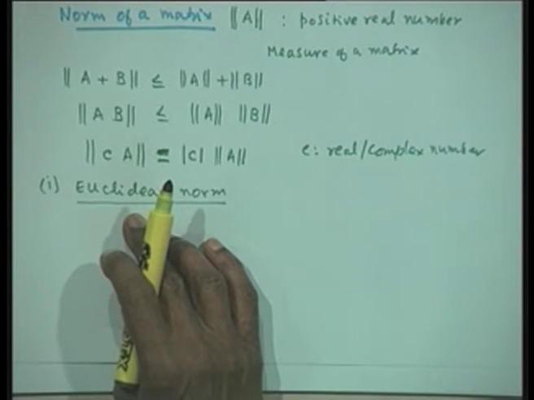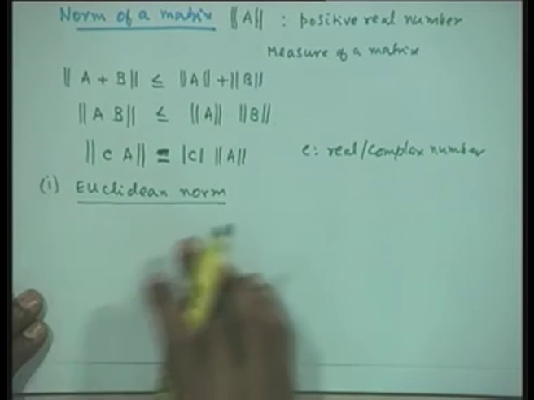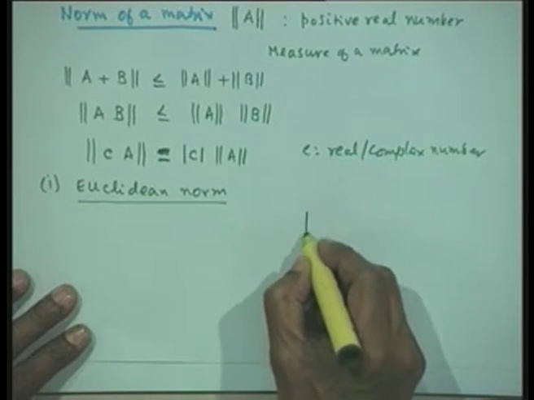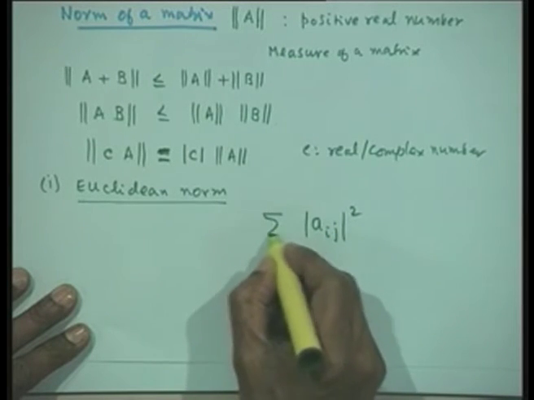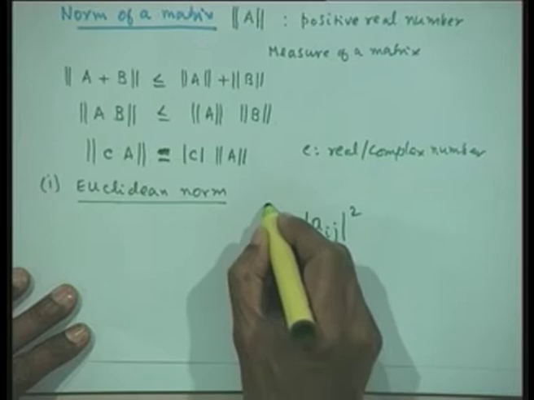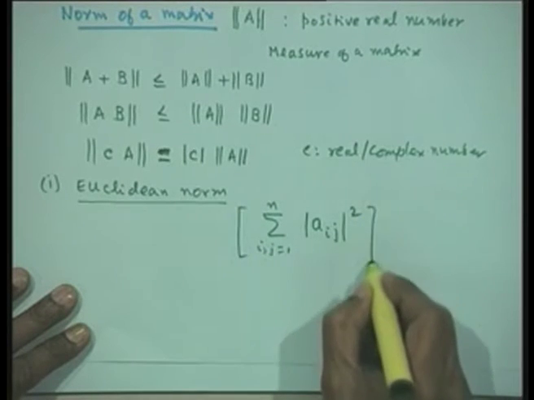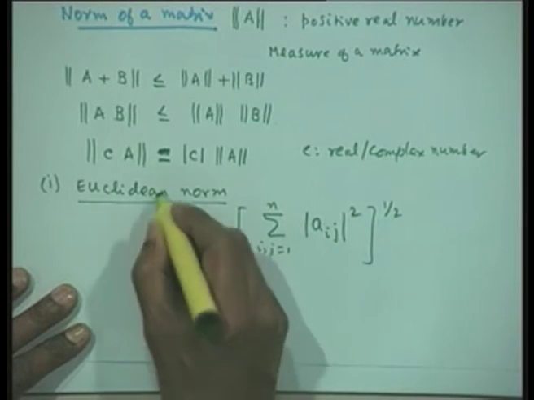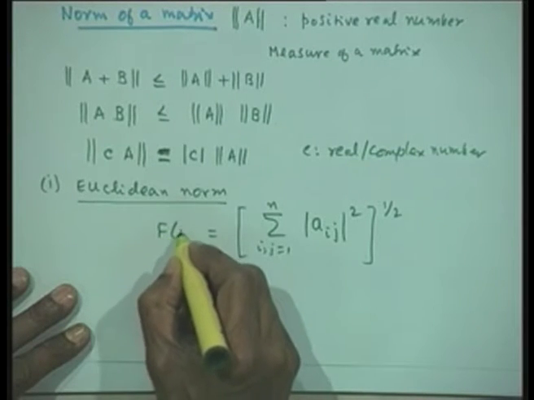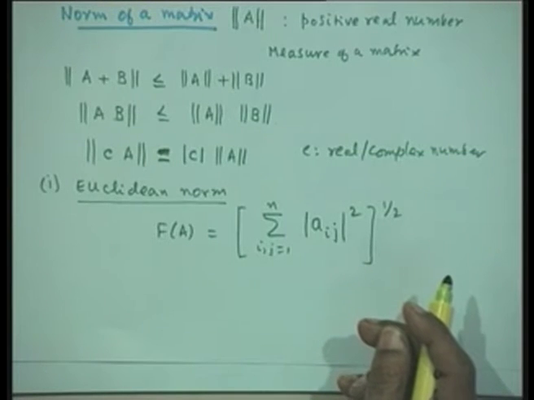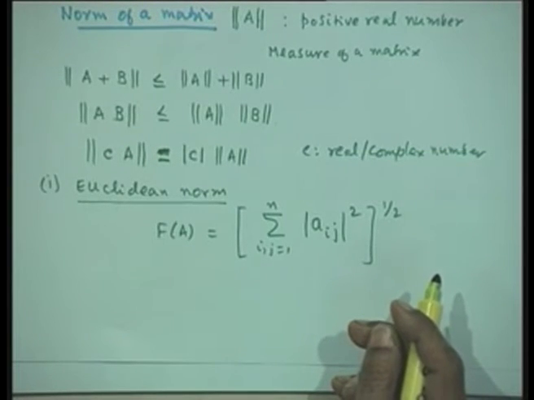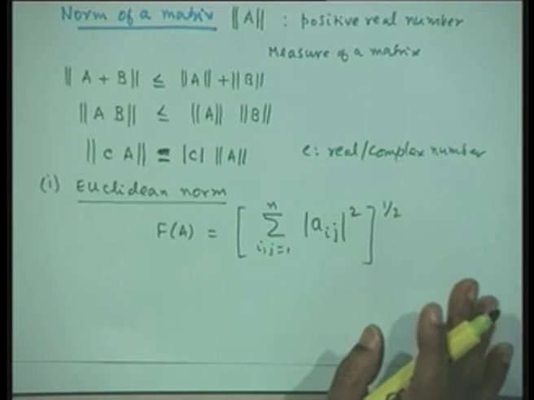If you take the distances of points, the distance between the 2 points is the length, which is the measure, the Euclidean norm. So, I take the magnitude of a_ij, square them, sum over i and j from 1 to n, all of them, then take the square root of this, and this is called the Euclidean norm. It is usually represented by F of A. So, it is a very simple thing: we just take the magnitudes of all the elements of the matrix, square them, sum them up, and then take the square root of that.